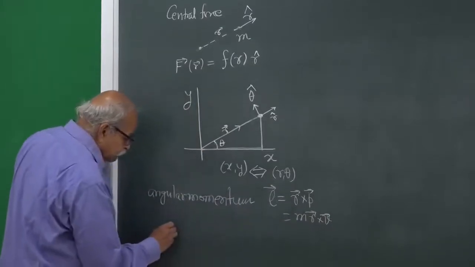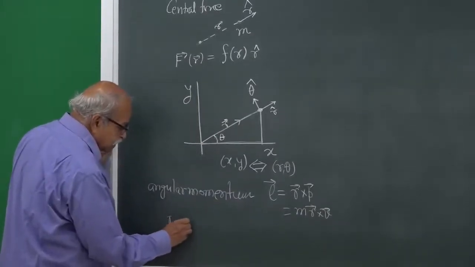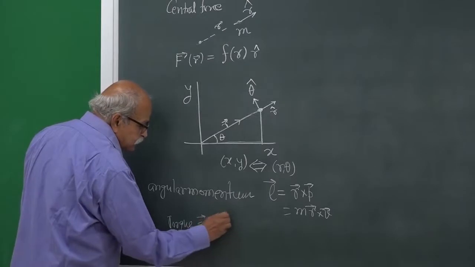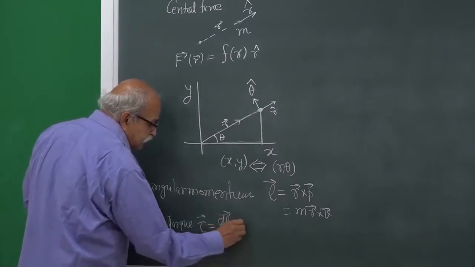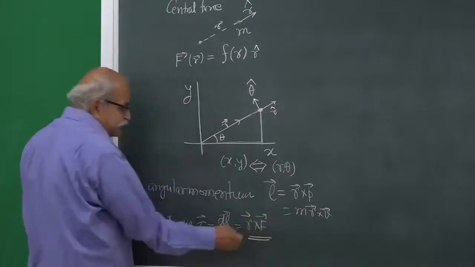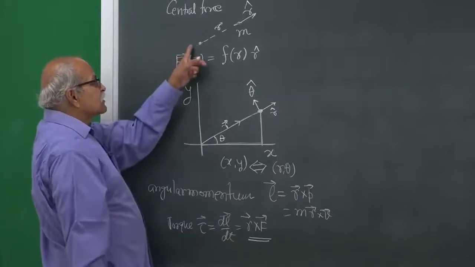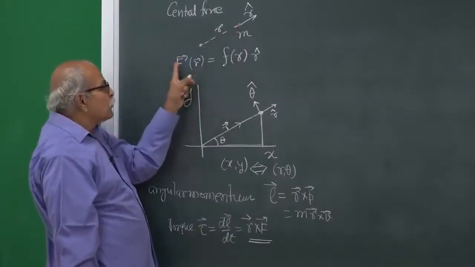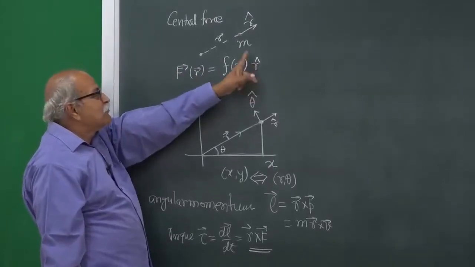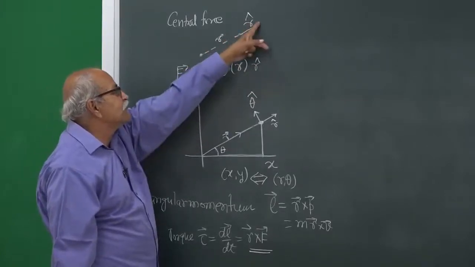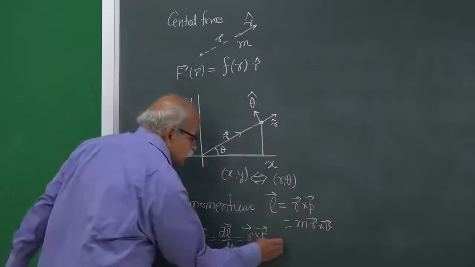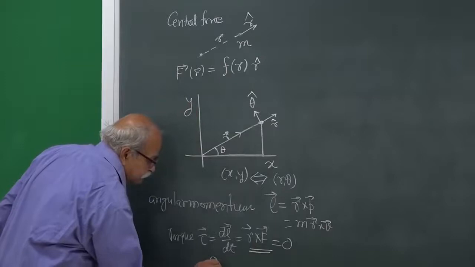And the torque, tau, is dL/dt of course, and it is r cross F. Now, here is the crucial point, r cross F. This is vector r, and the force is also along that direction, r cap. The force is either towards the center or away from the center, but it is on the same line, and therefore, when you do this r cross F, this is 0 for a central force.